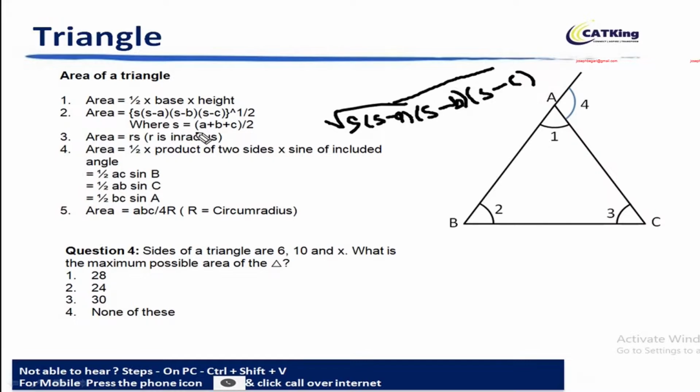And this s is equal to a plus b plus c by 2, where a, b and c are the sides of the triangle. Okay.